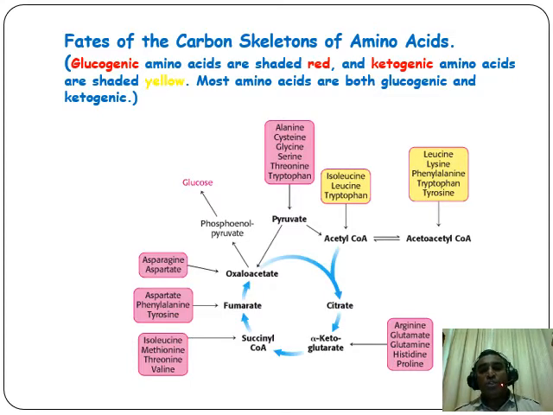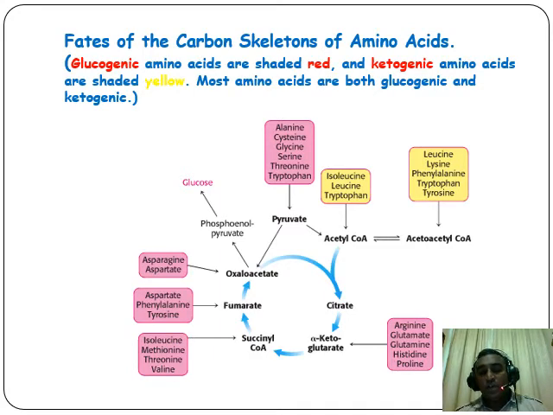Instead of going through the citric acid cycle, it will then enter the glucogenic pathway by becoming oxaloacetate and then further steps until it becomes glucose. You also have, for instance, isoleucine forming succinyl-CoA, which can then become glucose through the gluconeogenic pathway.